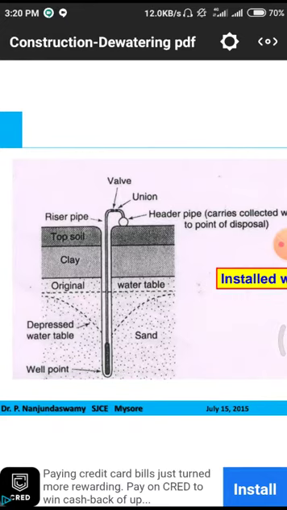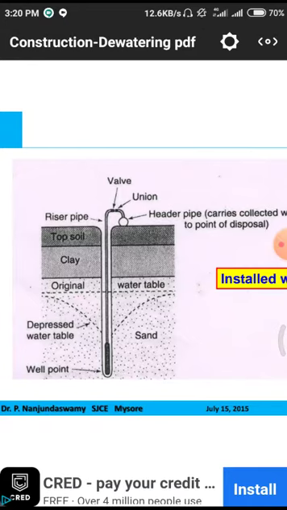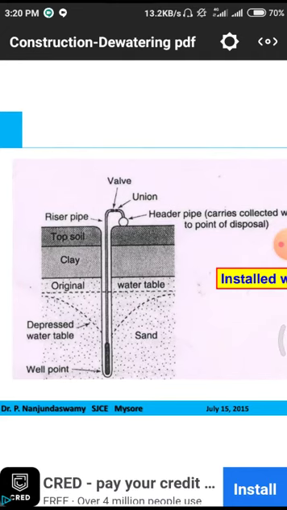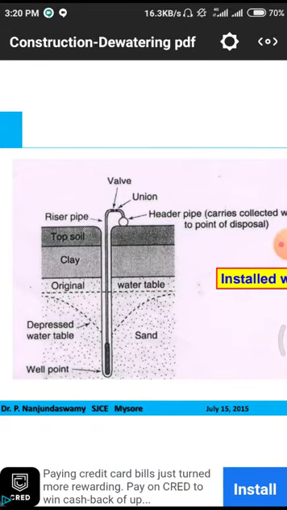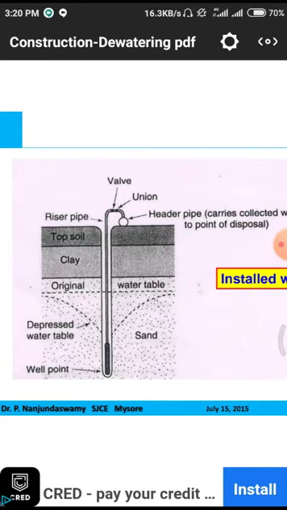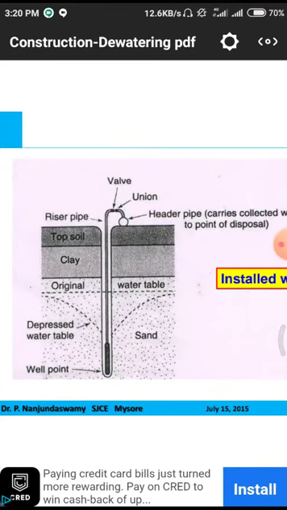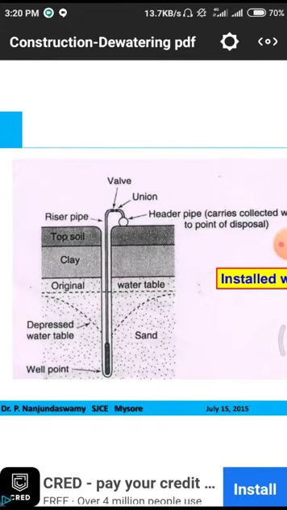Here we have some notations. First one is the riser pipes. The riser pipe is inserted into a particular hole, so that the water in the bottom part rises by using this pipe into the main header pipe. It will carry collected water for disposal purposes. That means the total water present in the soil will be disposed from one point to another field.